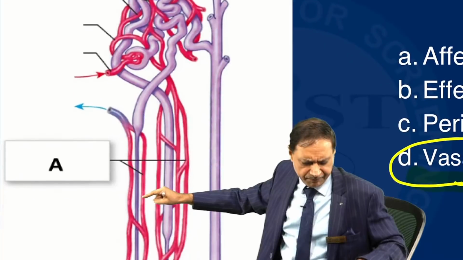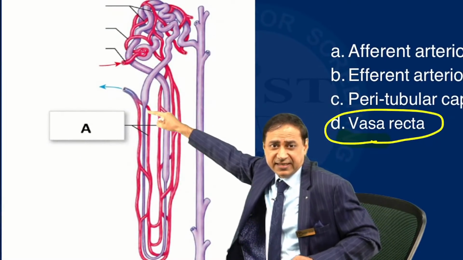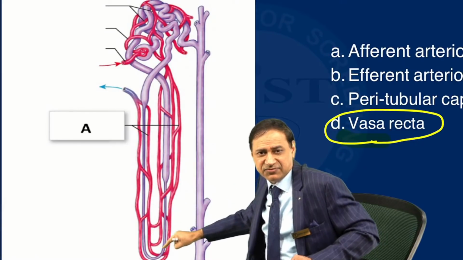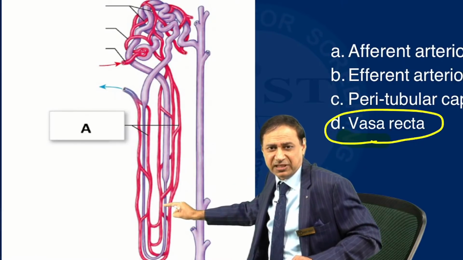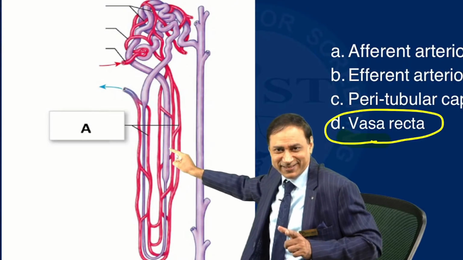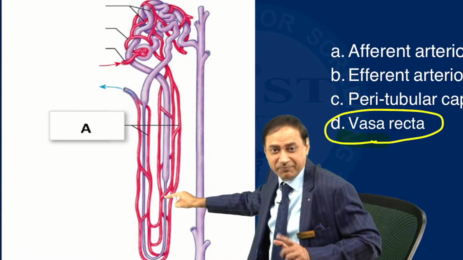This will become the descending limb. This is thin. And then this will become the ascending limb. This is also thin in the lower part, but the upper part is thick. Thick ascending limb, thin ascending limb.